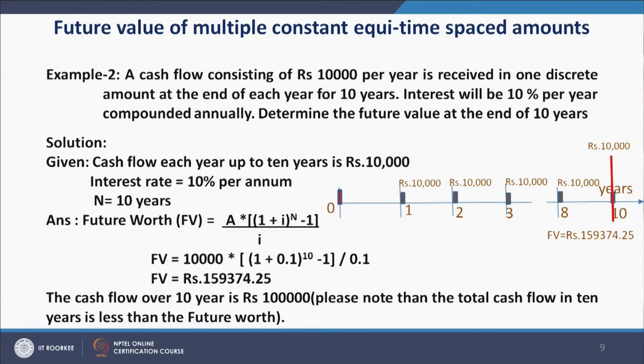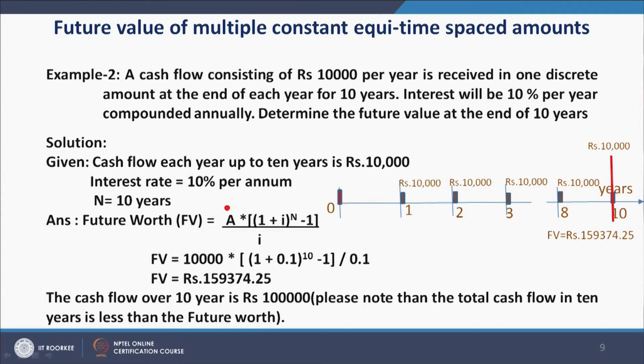But this can be done using an equation also. So, here the cash flow each year up to 10 years is rupees 10,000, interest rate is 10% per annum, n is 10 years. So, future value is equal to A into (1 plus i to the power n minus 1) divided by i.